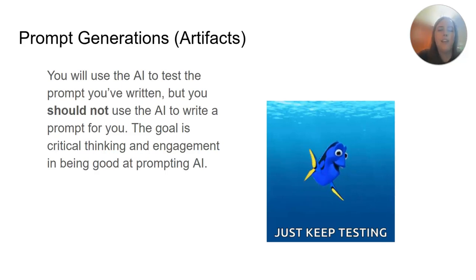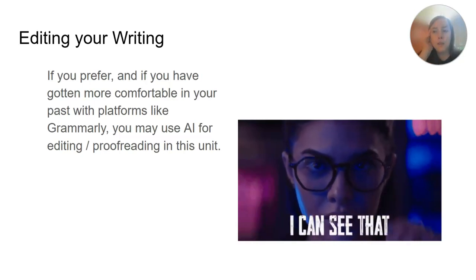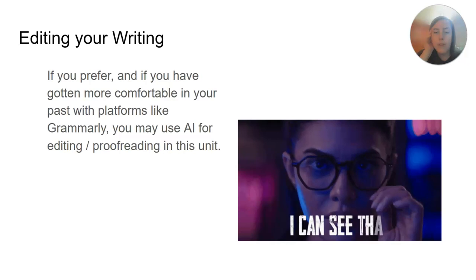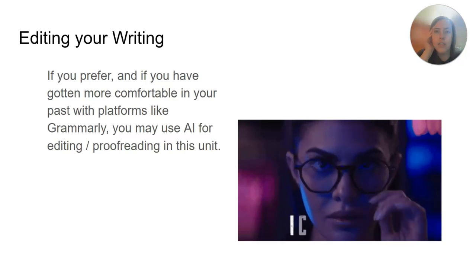So there will be a situation where, again, parts of it, yes, you can use it, parts of it, no, you can't. Since we are finished with focusing so heavily on voice by the time we get to Unit 2, if you prefer or you've gotten comfortable using a service like Grammarly to edit your writing, to make some changes, it's okay that you use these kinds of editing AIs.